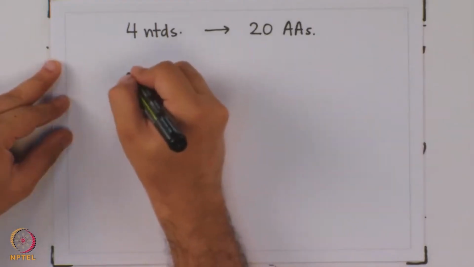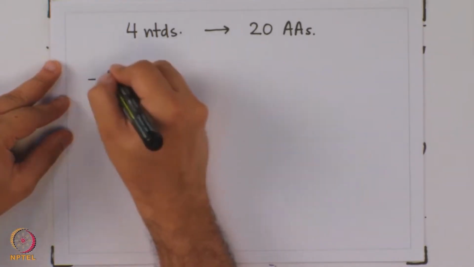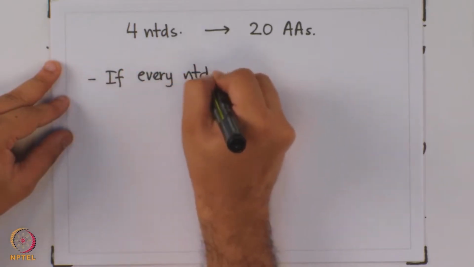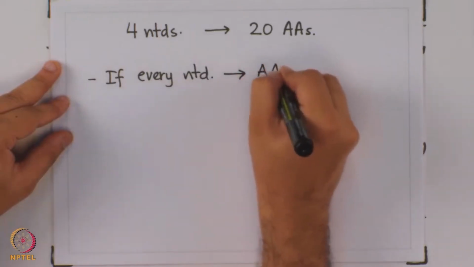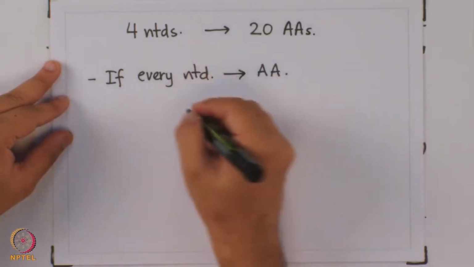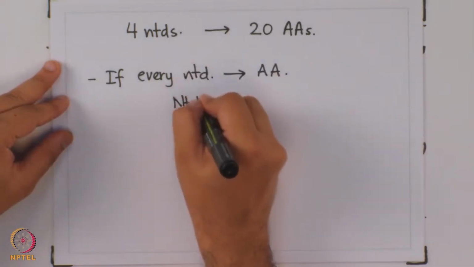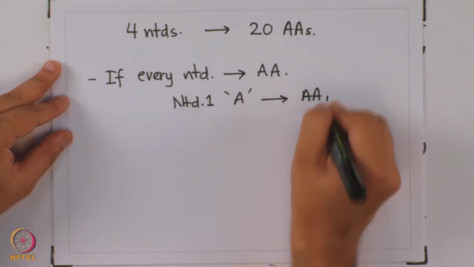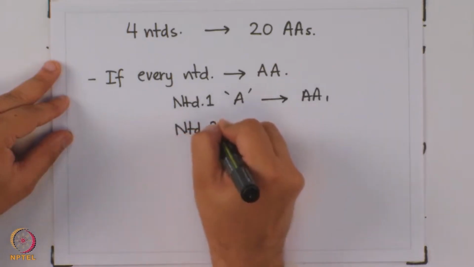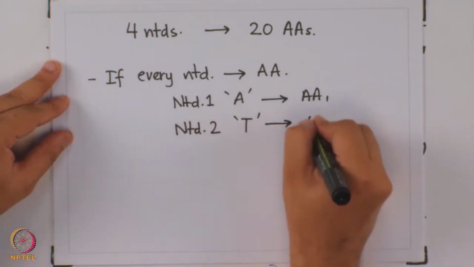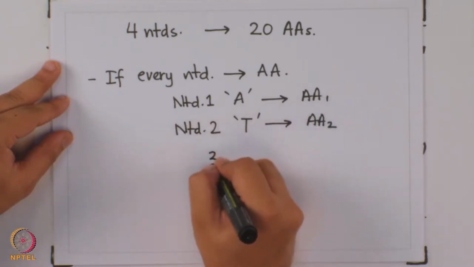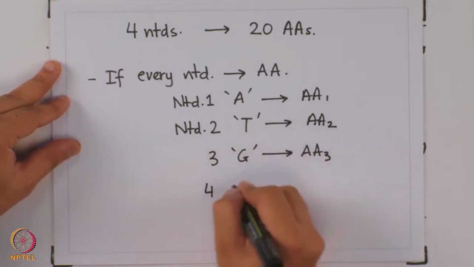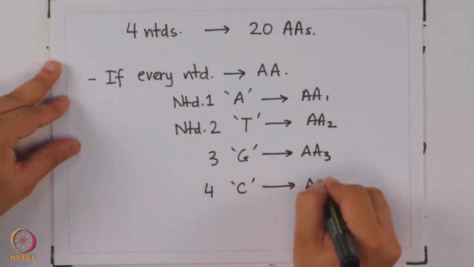Now, if every nucleotide corresponded to an amino acid, we would only go up to 4 amino acids, because nucleotide 1, let us say A, would correspond to amino acid 1, nucleotide 2, T, would correspond to amino acid 2, nucleotide 3, G, would correspond to amino acid 3, and nucleotide 4, C, would correspond to amino acid 4.